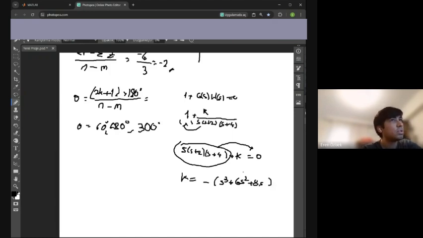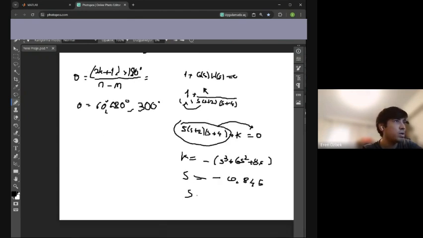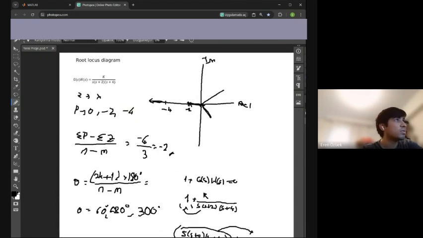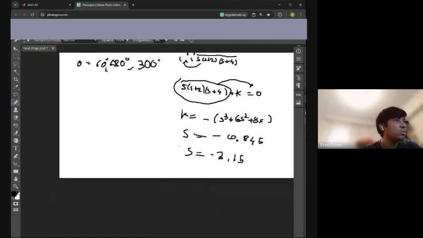At the breakaway point, the gain K is a maximum or minimum. If we differentiate the equation, we find s is -0.845 and the other root is -3.15. But we don't have any locus on that side, so we don't use it.